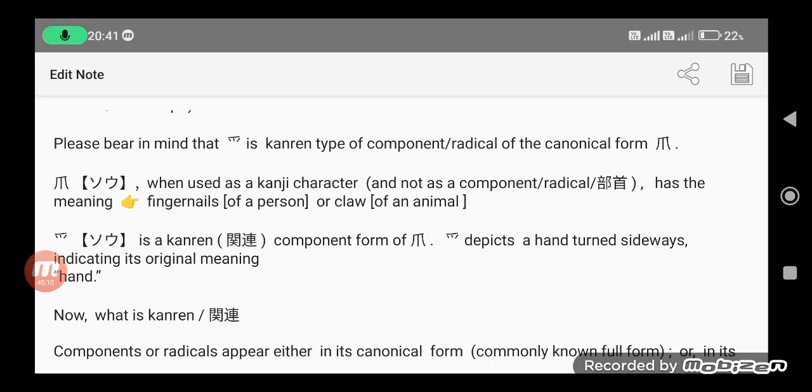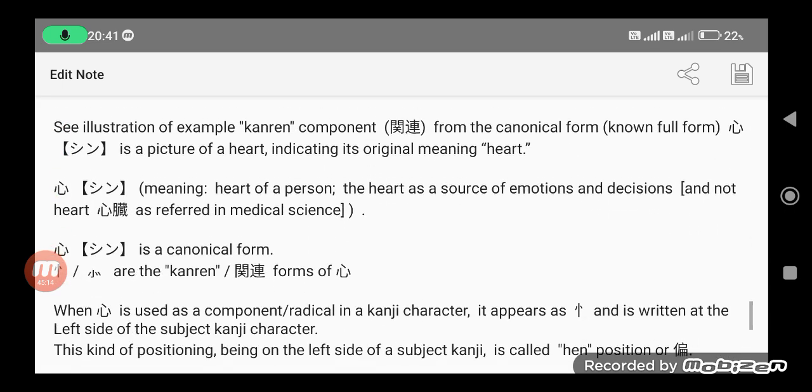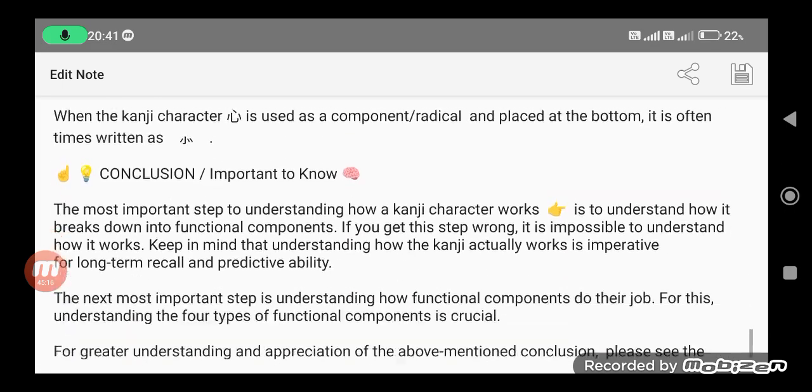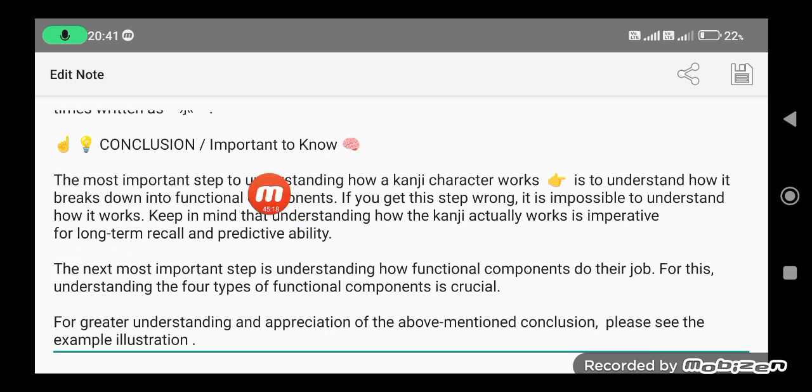Okay, as a conclusion, please remember the important things to know here. The most important step to understanding how a kanji character works is to understand how it breaks down into functional components.